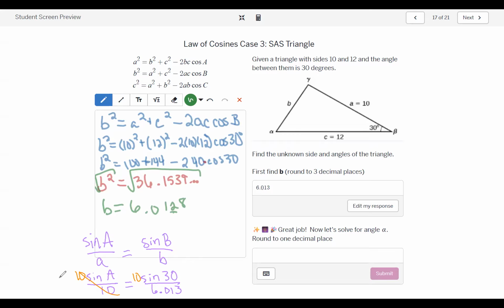So this is where it's going to look messy because I'm at the bottom of the screen. So A is inverse sine of 10 sine 30 over the 6.013.